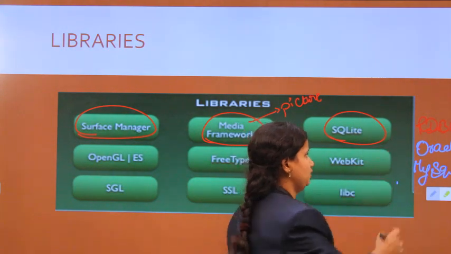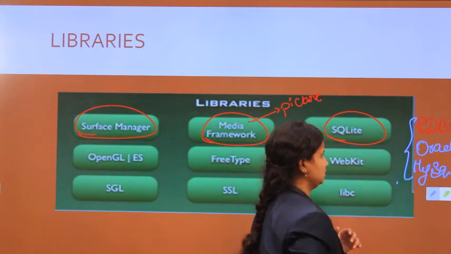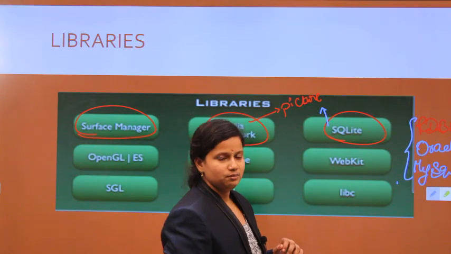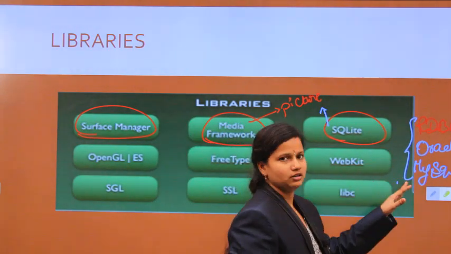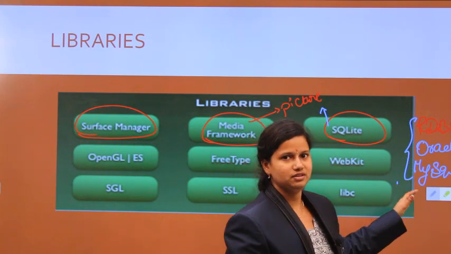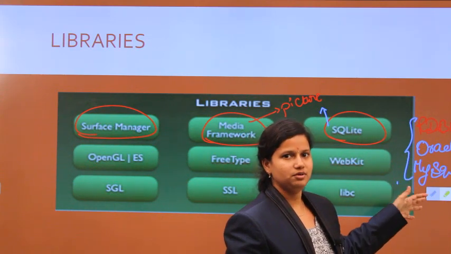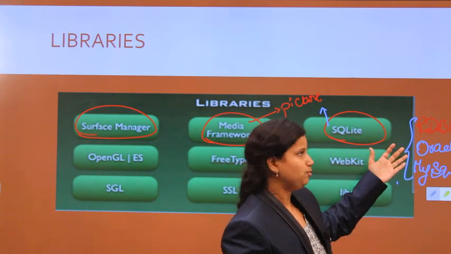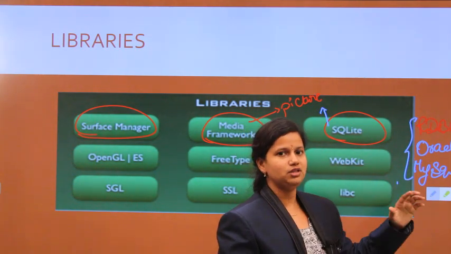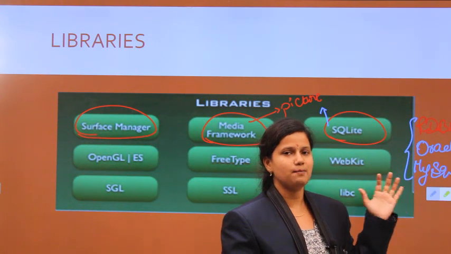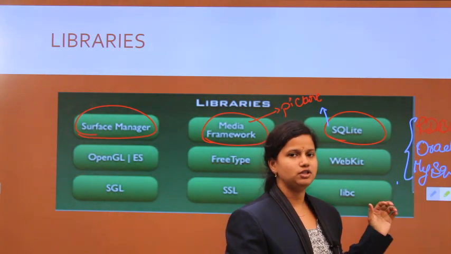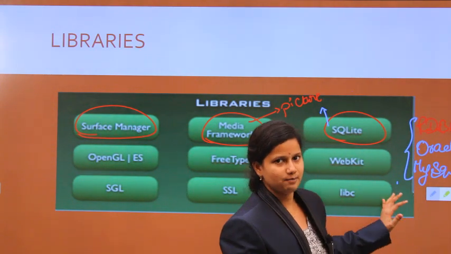So when you have all these database formats, why are we going with the SQLite database format? Because these three are heavyweight database formats. When you are using heavy databases, memory is also wasted. If your mobile has only a small amount of memory, then your application also has to be small, and only then are users interested in using this application.